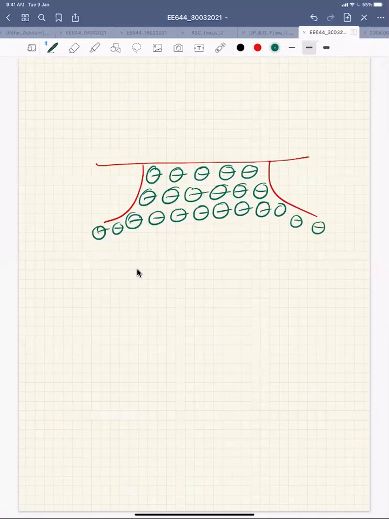And then I have my channel, which is electrons that are accumulated at the surface in strong inversion, right? So when I'm talking about strong inversion, this is Vg greater than Vth, right?